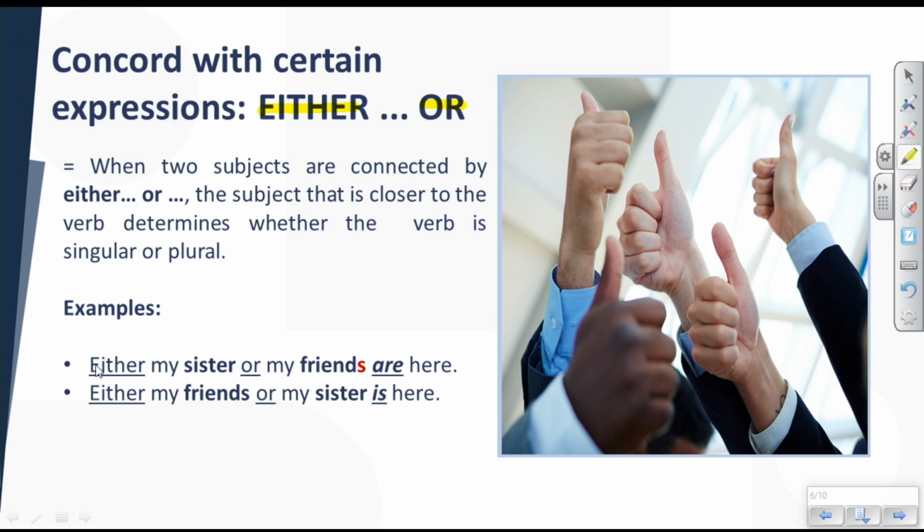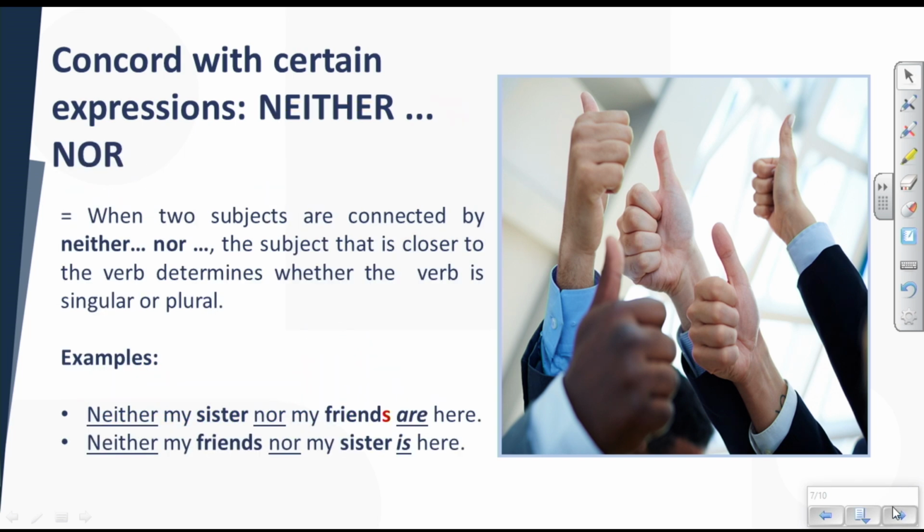So for example, when I say either my sister or my friends are here, I'm using the verb in the plural form because I have a noun in the plural form here, friends. However, if I change the sequence and say either my friends or my sister, then I will have to use the verb in the singular form because now sister is a singular count noun.